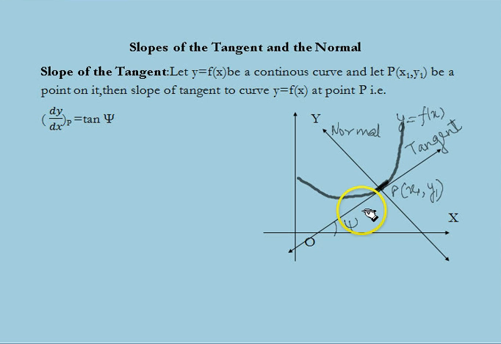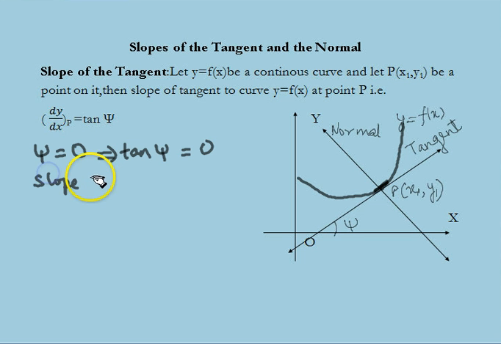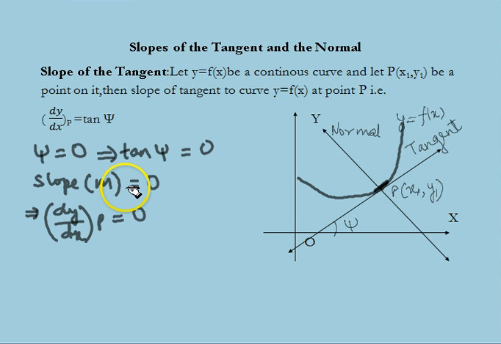Here, if the tangent at P is parallel to the x-axis, then the value of psi is equal to 0, which implies that tan psi would be equal to 0, which further implies that the slope, which can be represented as m, is equal to 0, which further implies that dy by dx at point P is equal to 0.